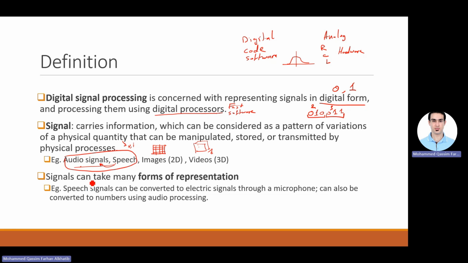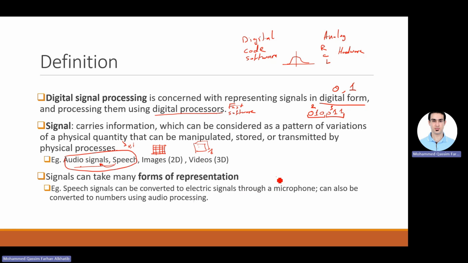Now, signals can take many forms. Speech signals can be converted to electric signals through a microphone, and can then also be converted to numbers using audio processing. So the microphone receives the vibrations of air because of the sound of the voice and changes that form into electric signals.